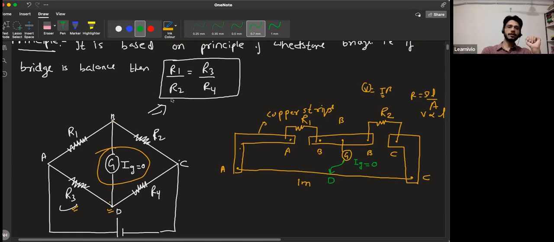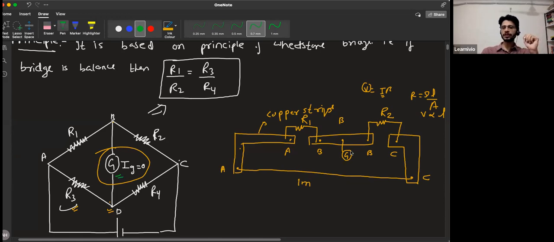I'm repeating it again. We know points A, B, C. We have to find point D. To find point D, we know that the current passing through B and D is zero. If we can find point D, then the current through the galvanometer should be zero.